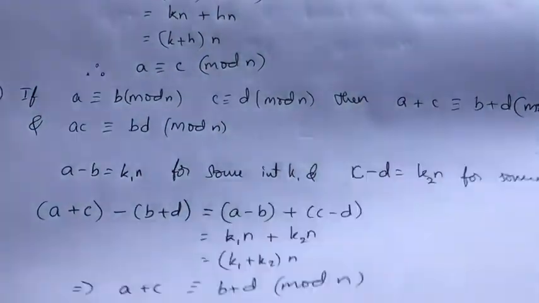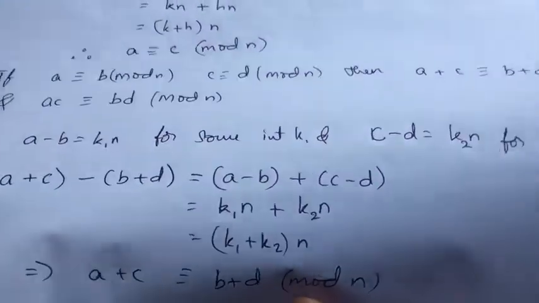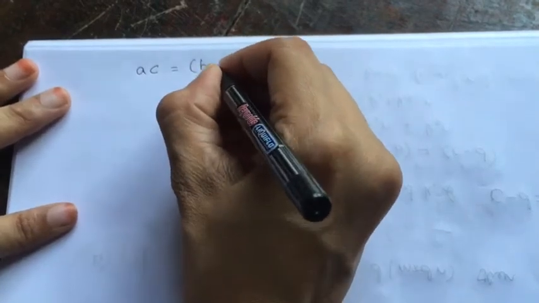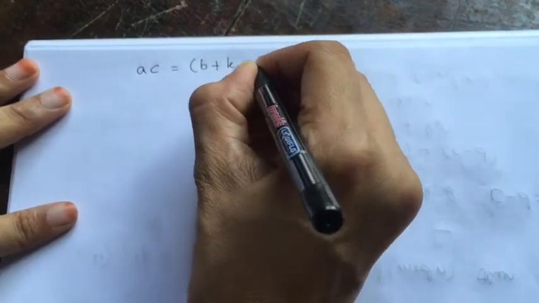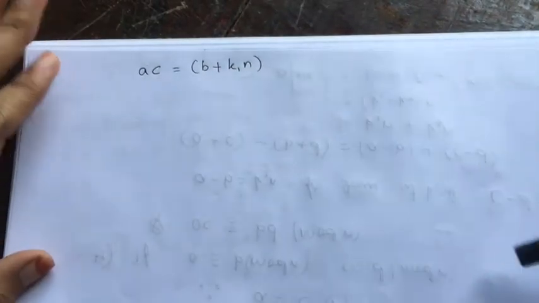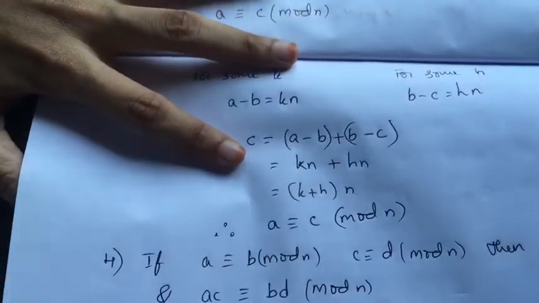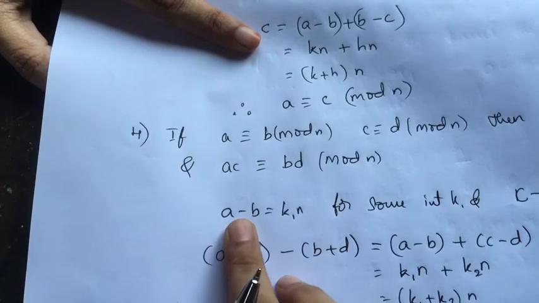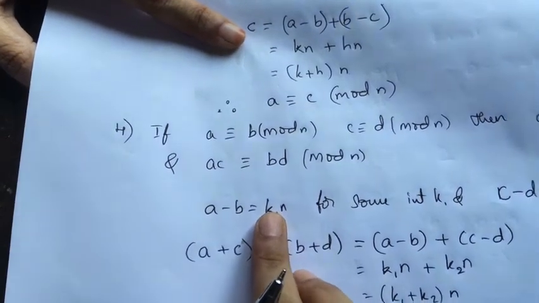Now we have to prove the multiplication, that is AC is congruent to BD mod n. What is AC? A times C. A minus B is K1 times n, so A is B plus K1 times n.